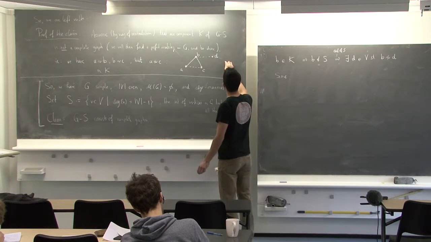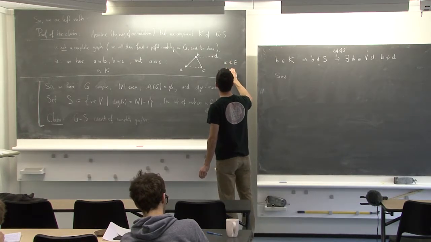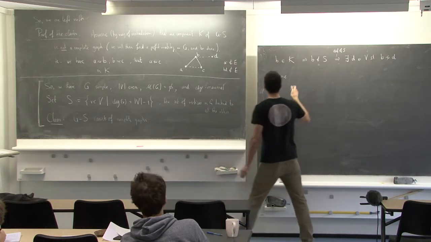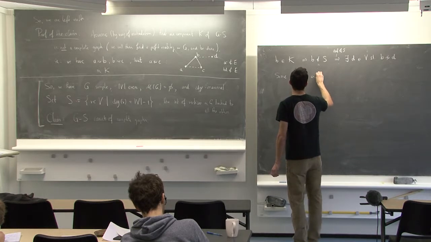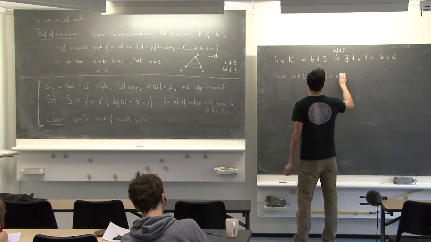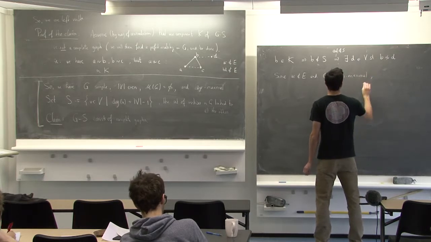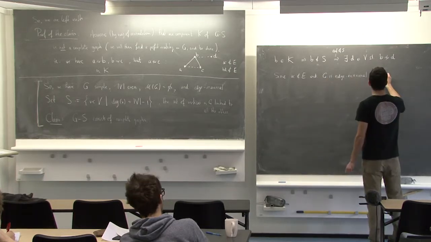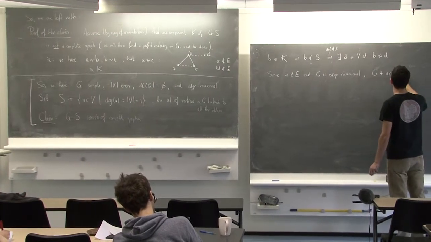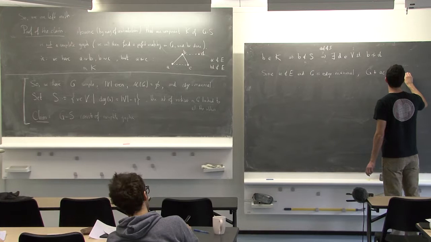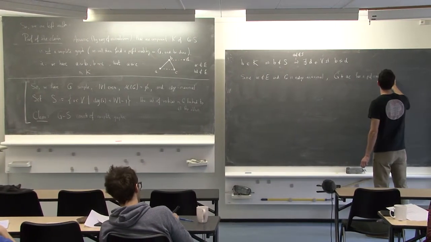So here let me write AC does not belong to E, and BD does not belong to E. Since AC does not belong to E, and G is edge maximal, G plus AC has a perfect matching, let's say M1.